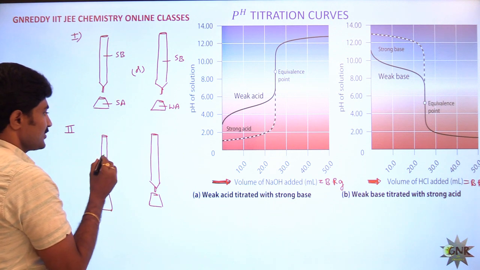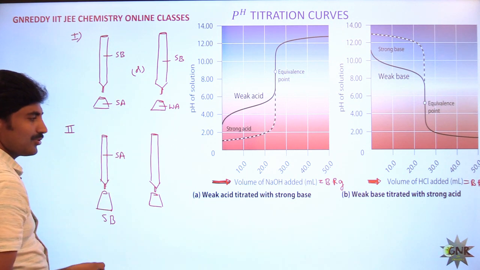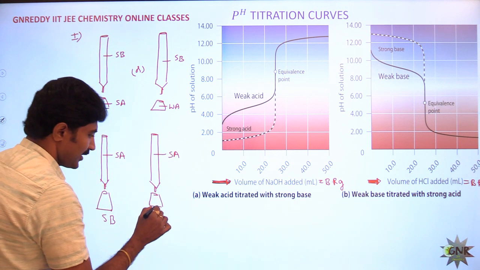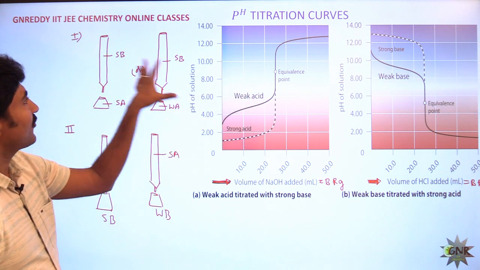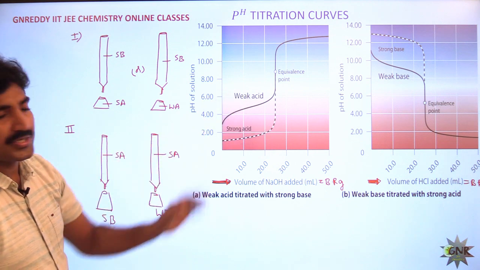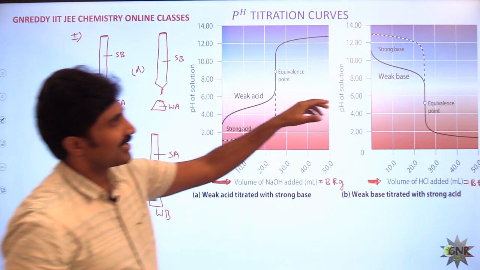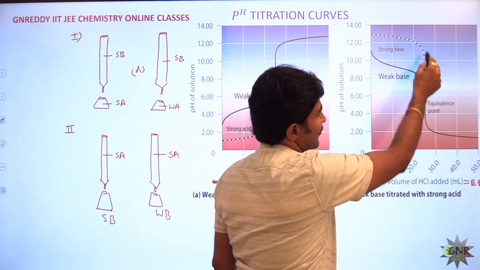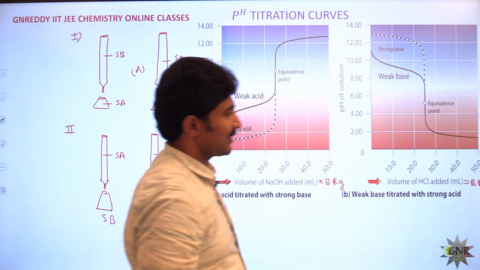This is strong acid in the burette and strong base in the conical flask, strong acid in the burette and weak base in the conical flask. The first graph represents these titrations and the corresponding comparison, and the second graph represents these. Strong base versus strong acid, the graph comes like that. Weak base versus strong acid, the graph comes like this.